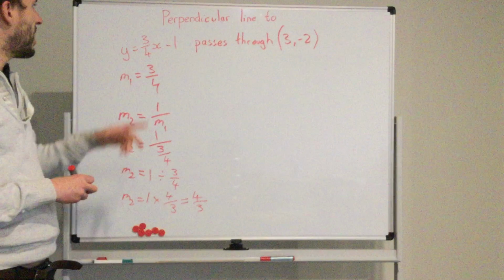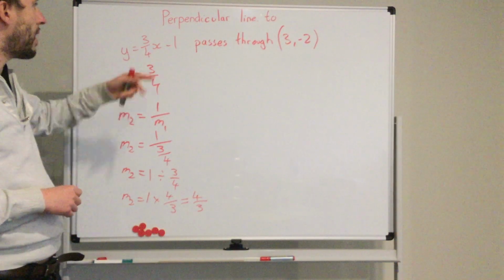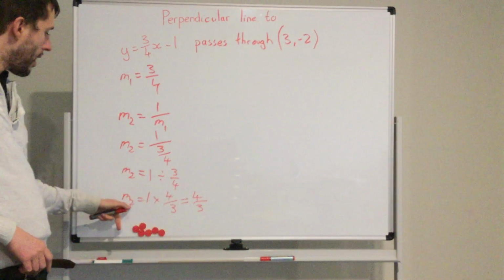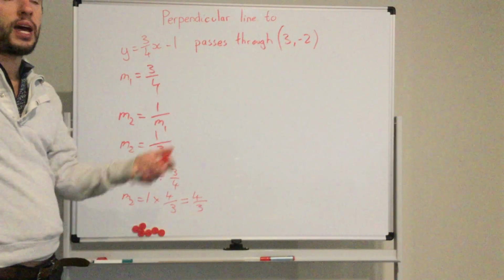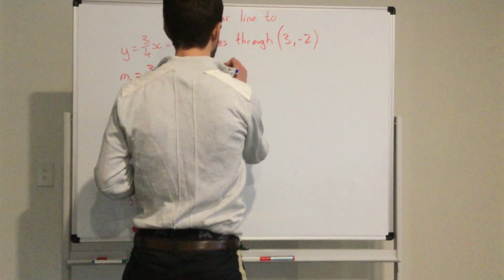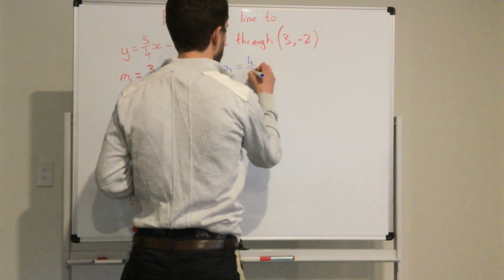So at the start I did say that we are able to just flip that fraction around and that will be our gradient for our perpendicular line. So we know that M2 equals 4 over 3.